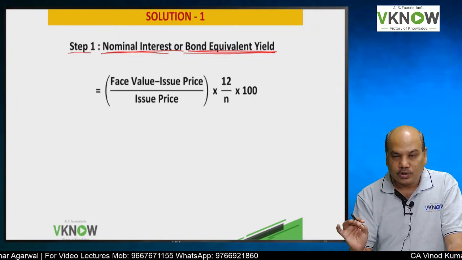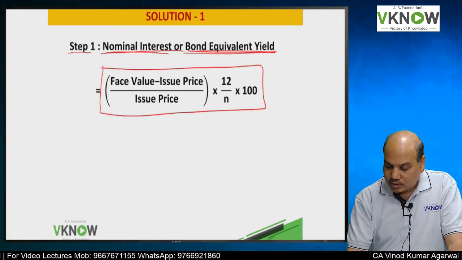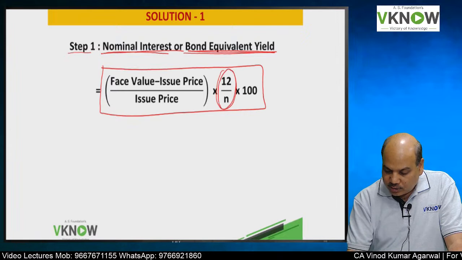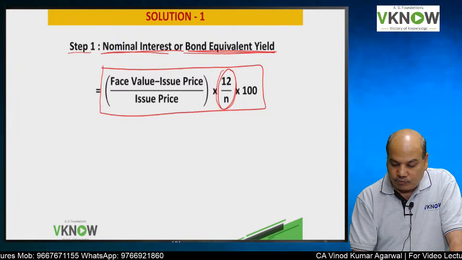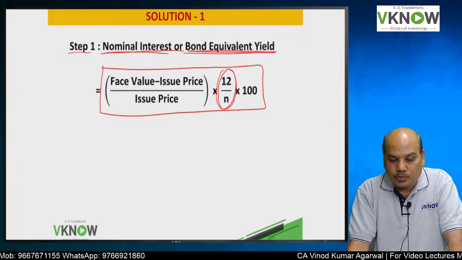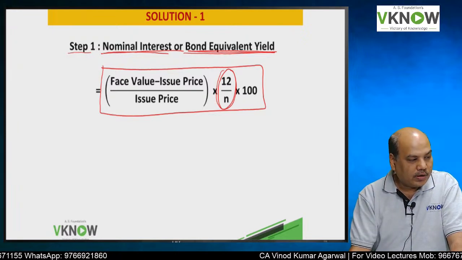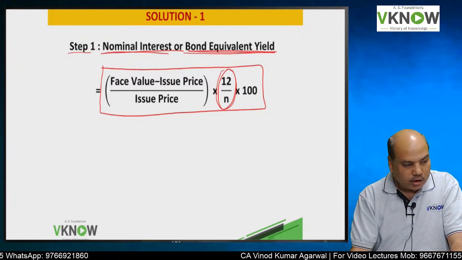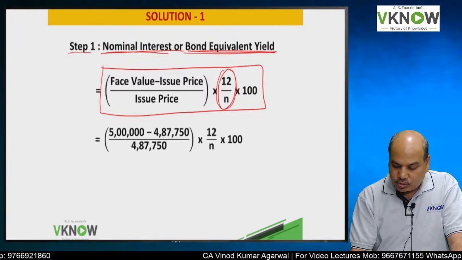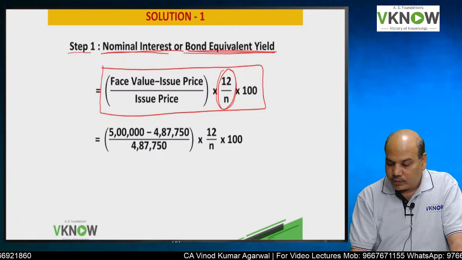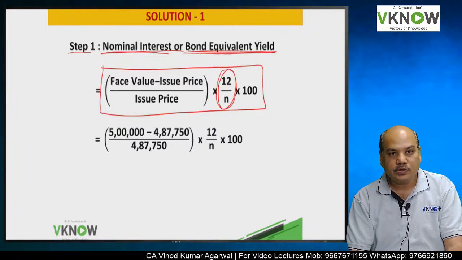First we'll find out the interest for this period, and multiplying by 12 by n will give you the annual figure. So it is face value minus issue price, divided by issue price, into 12 by n, into 100. The data is given in the problem: 5 lakh minus 487,750, divided by 487,750.